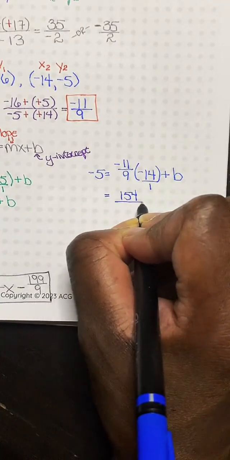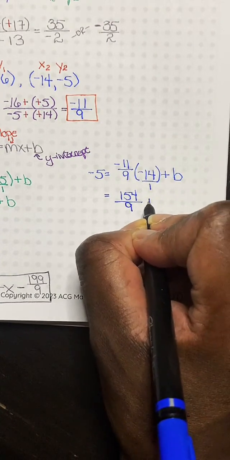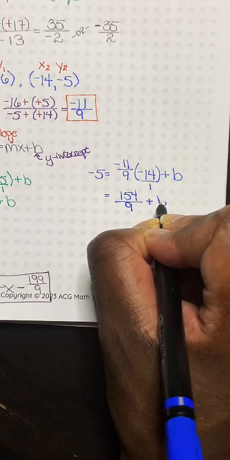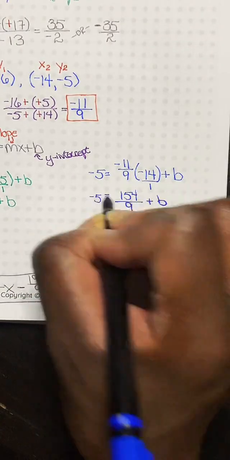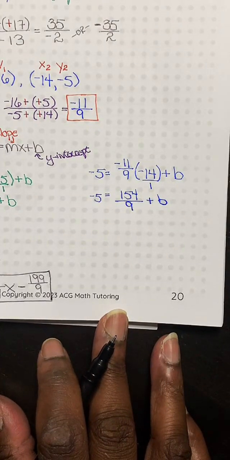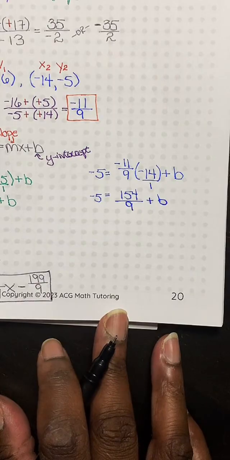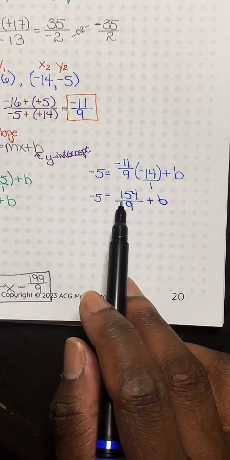And 9 times 1, not to insult you, gives me 9. Bring down the plus b. Bring down the negative 5. Are we okay? Yes, Zach. So negative 11 times negative 14 will give me a positive 154.